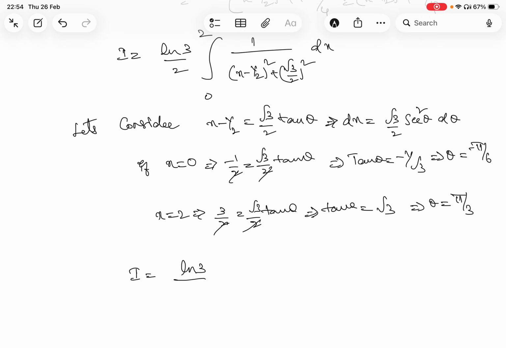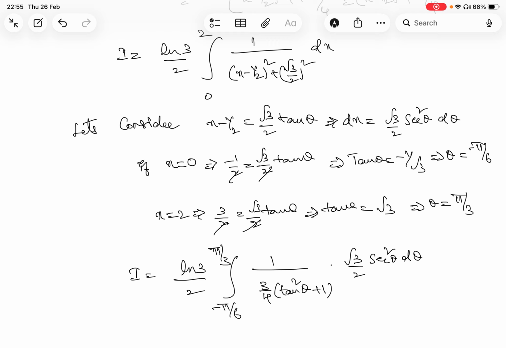Now let's substitute this here. ln 3 by 2 into the integral from minus pi by 6 to pi by 3 of 1 by x minus half, which is root 3 by 2 tan theta whole square, plus root 3 by 2 whole square. Root 3 by 2 whole square we can take as common. Then this becomes 3 by 4 into tan square theta plus 1, into dx, which is root 3 by 2 into secant square theta d theta.